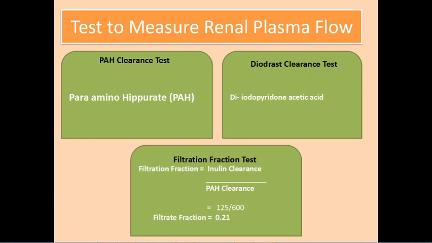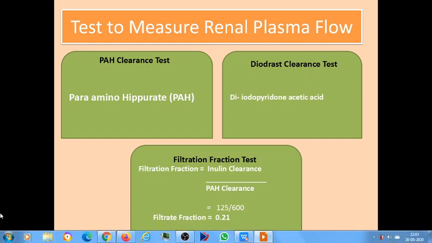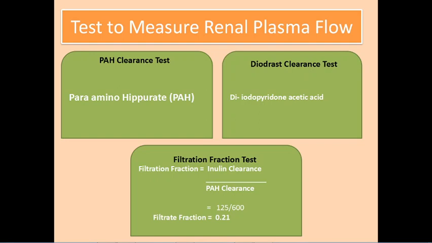Next is the filtration fraction test. It is the fraction of plasma passing through the kidney which gets filtered at the glomerulus, and is obtained by dividing the inulin clearance by the PAH clearance. That is the formula: inulin clearance by PAH clearance, which is equal to 125 by 600. So the normal value of filtration fraction is 0.21.